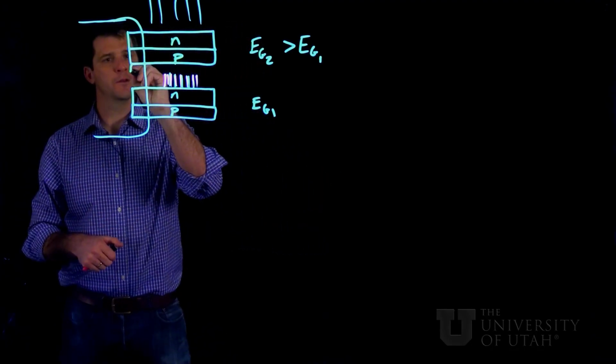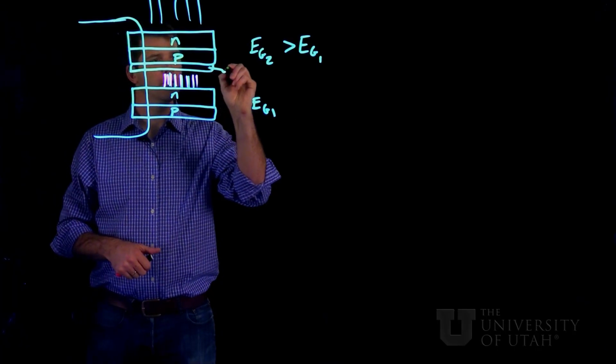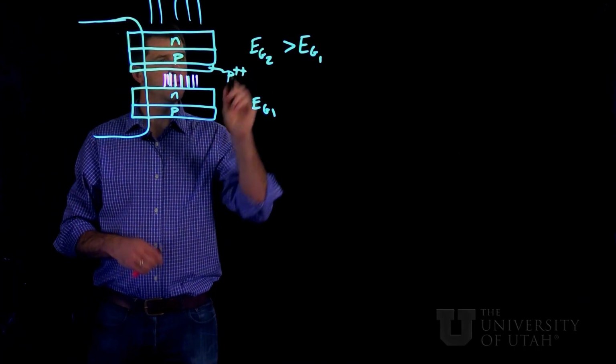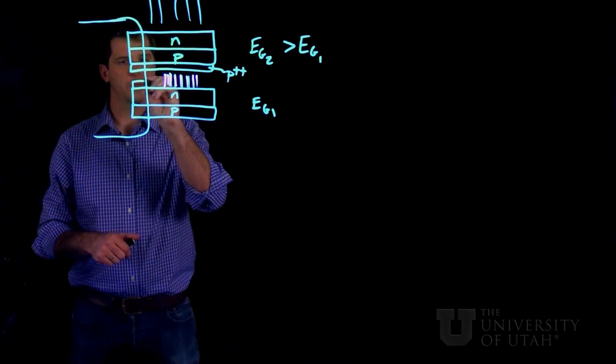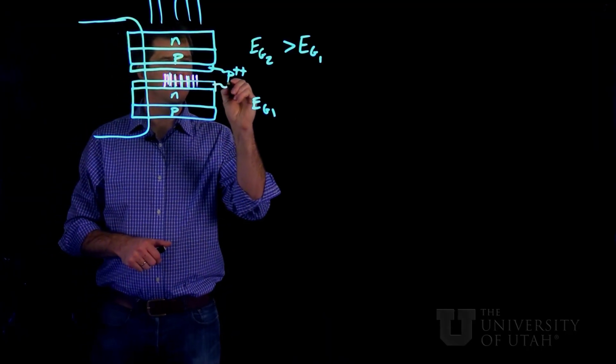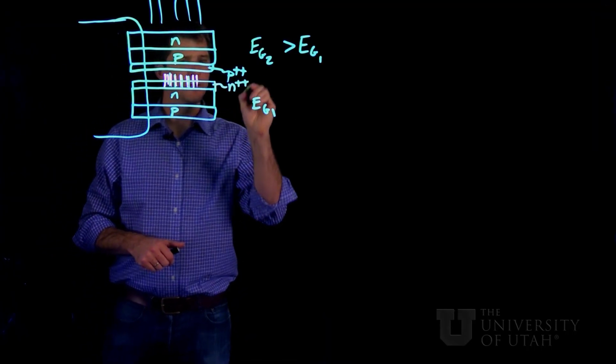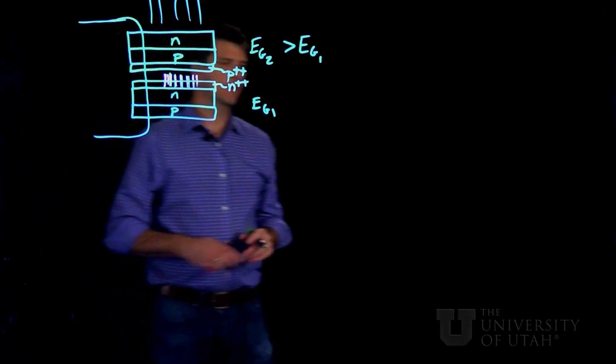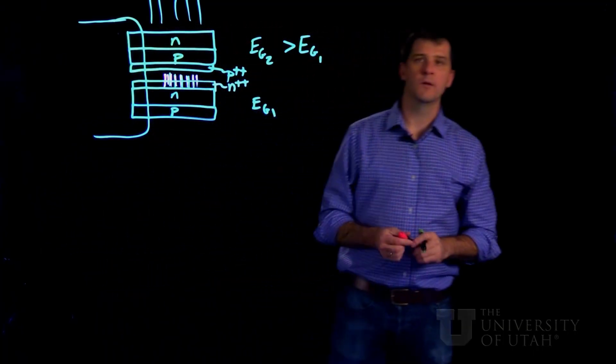So the solution here is that you actually insert a very, very heavily doped p-type layer there, and a very, very heavily doped n-type layer there, and then sandwich them together. And let's talk about why that works.